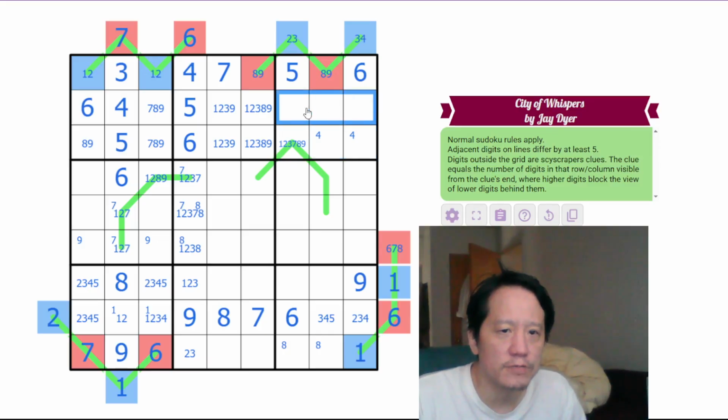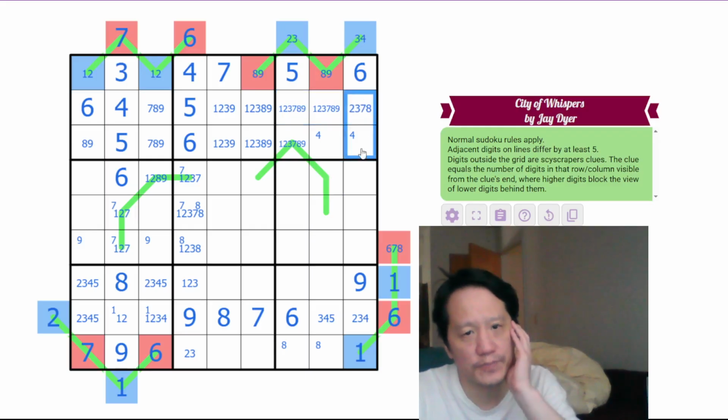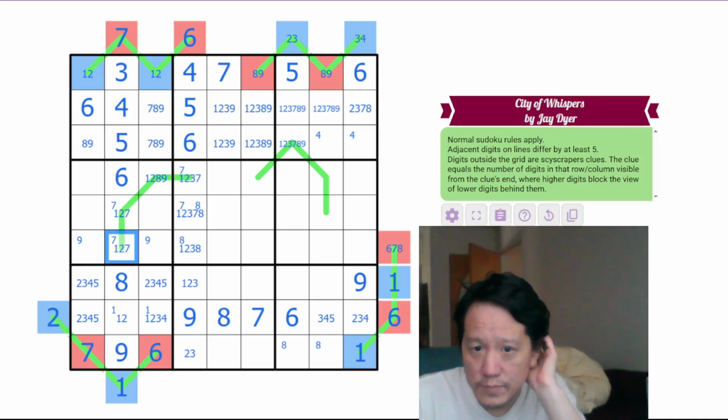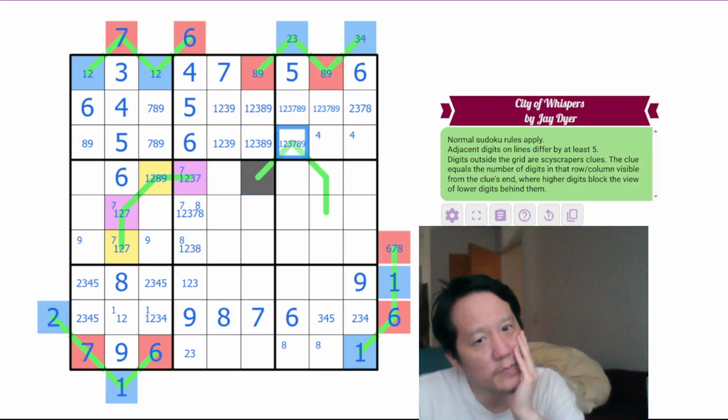Remaining digits in row 2 are 1, 2, 3, 7, 8, 9. No 1, 9 here. Yellow, pink. Yellow, pink. I guess we'll make this dark and medium.